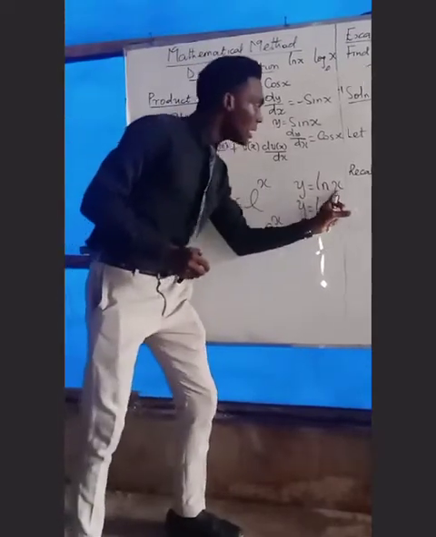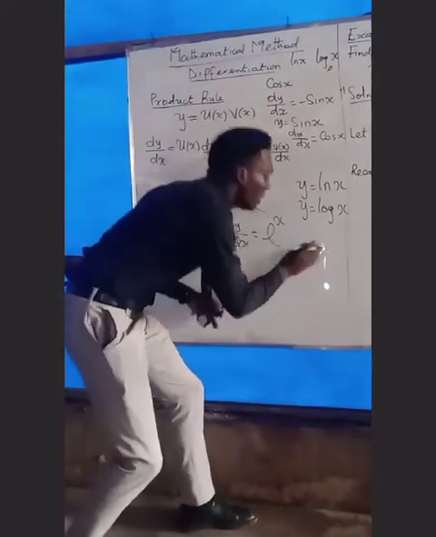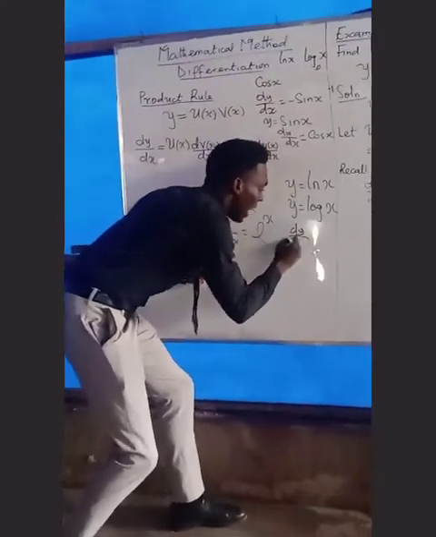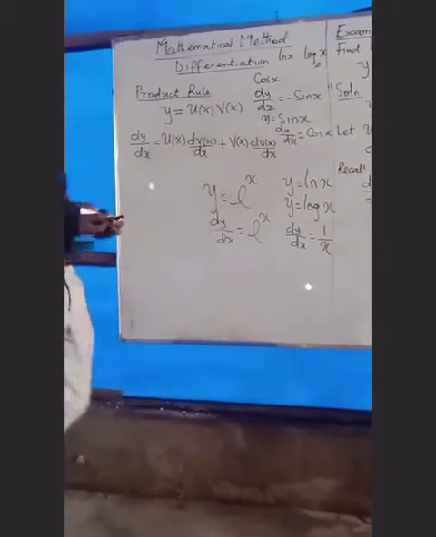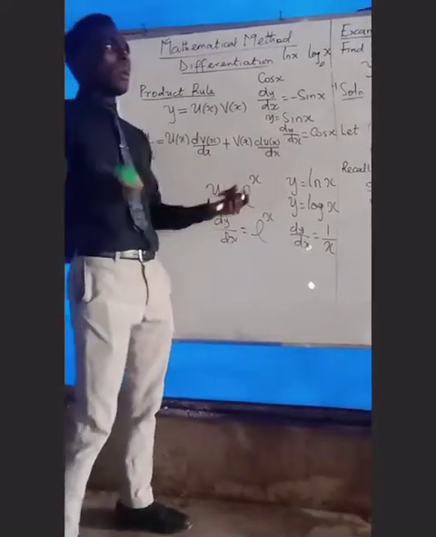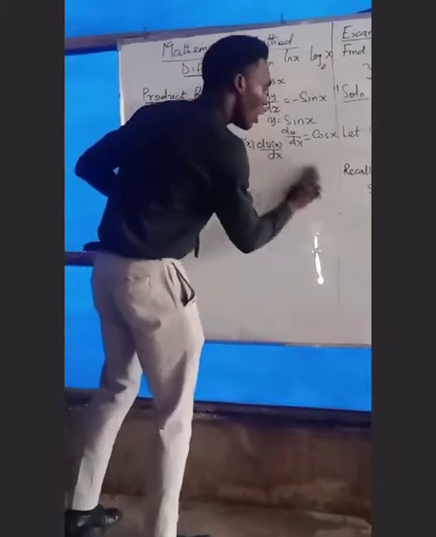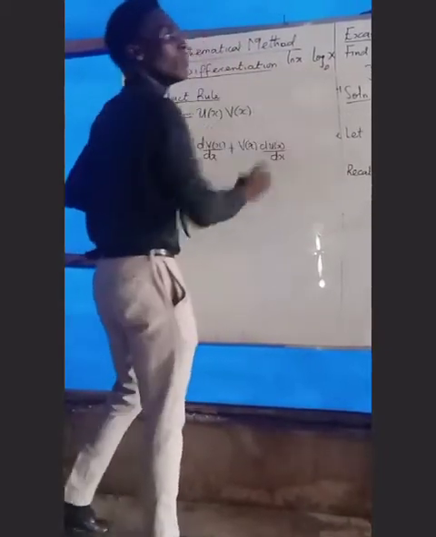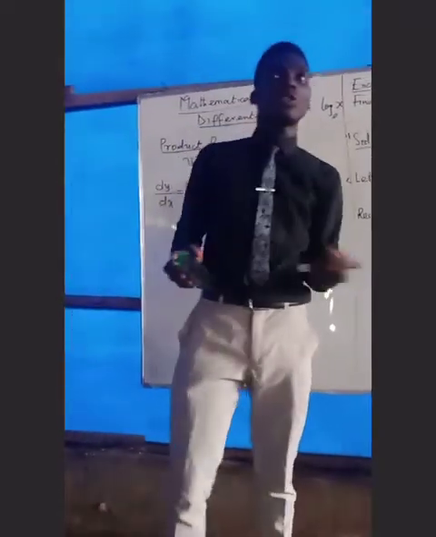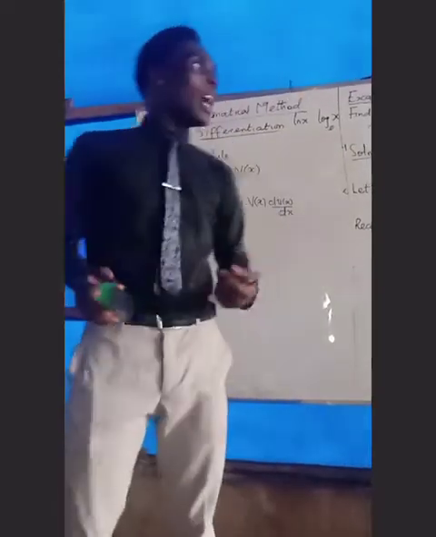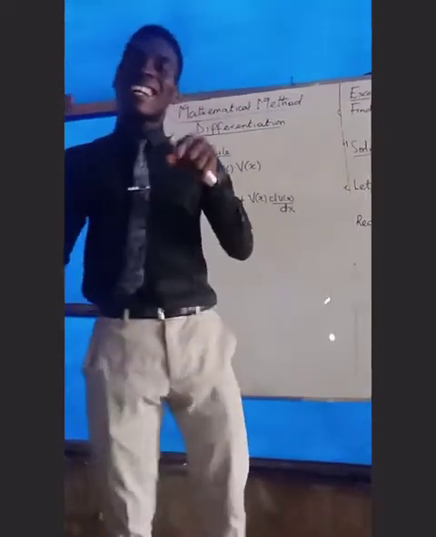If I'm to differentiate ln x, the result will give us dy/dx equals 1 over x. Now, if I know all this at my fingertips, then it becomes so easy to differentiate all these problems. Let's take note that the results for trigonometry, exponential, logarithmic functions and the others are obtained from a table we know as the table of standard derivatives.